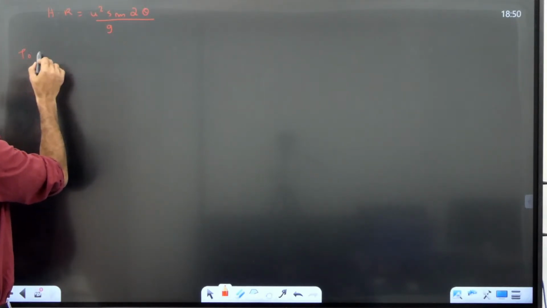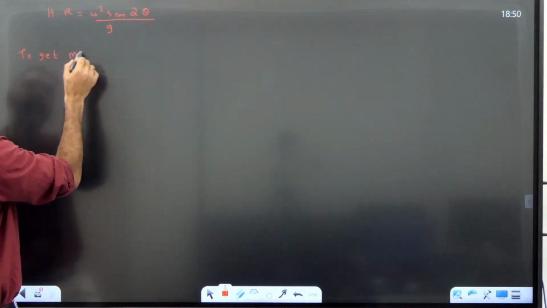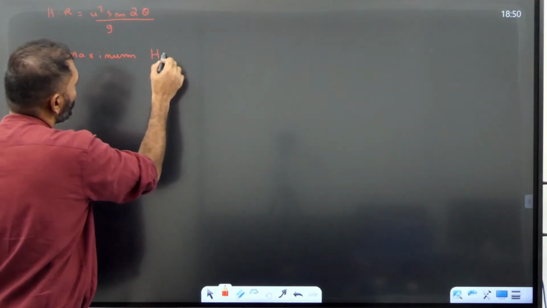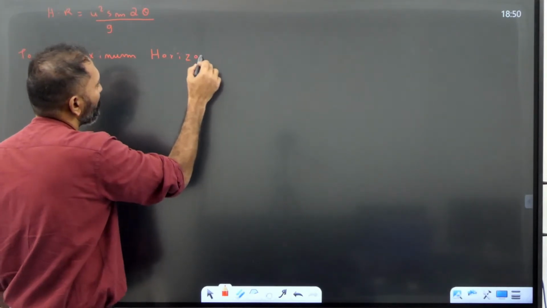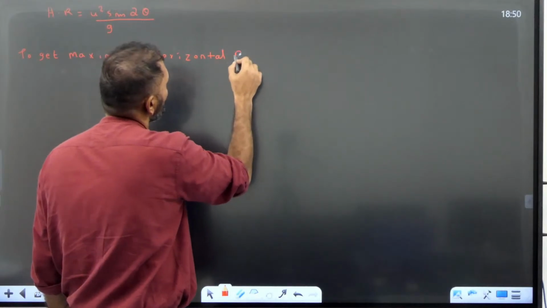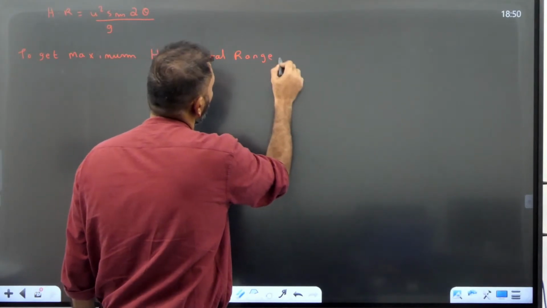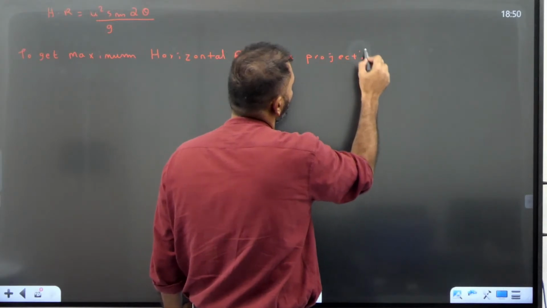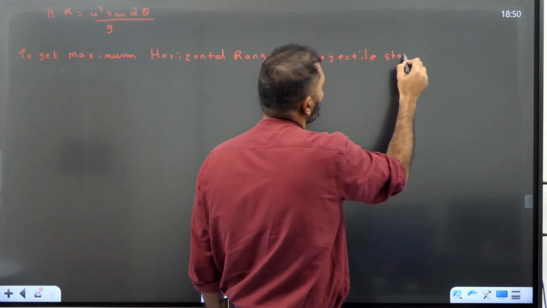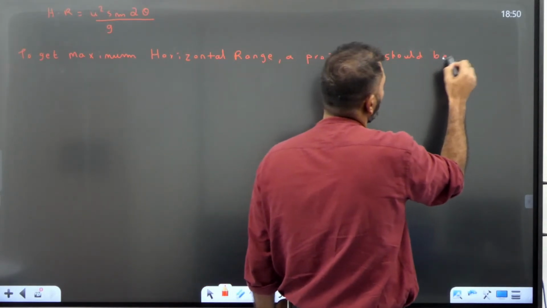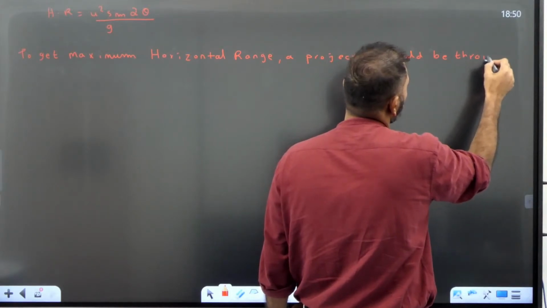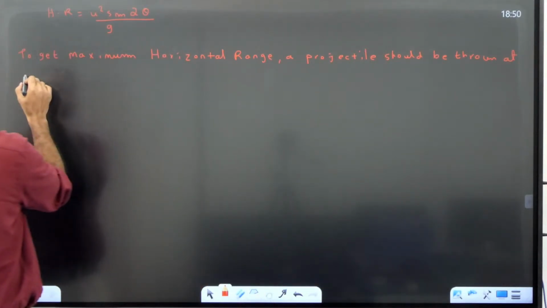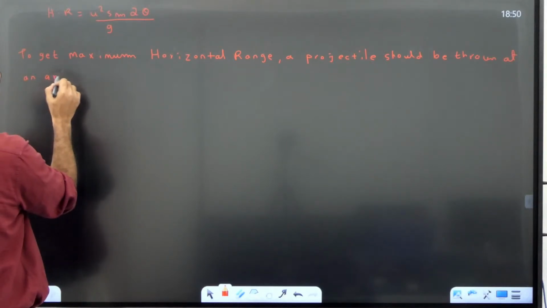Now, to get maximum horizontal range, a projectile should be thrown at an angle of 45 degree.